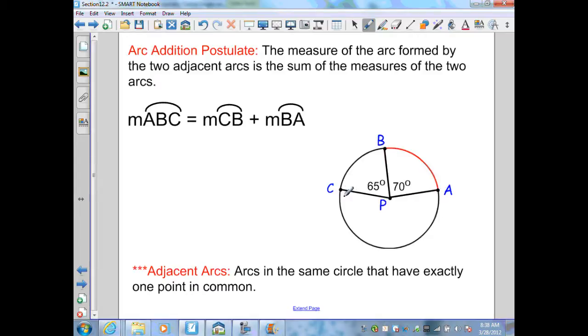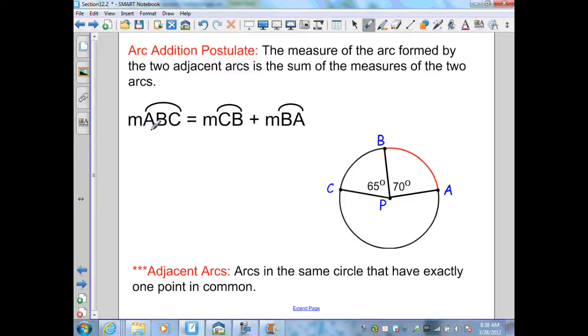The measures of those angles respectively are 65 degrees and 70 degrees. These 2 arcs, CB and BA, are adjacent, and I know that because adjacent arcs are arcs in the same circle that have exactly 1 point in common. Here, that would be point B. When I know this is true, I can use the arc addition postulate.